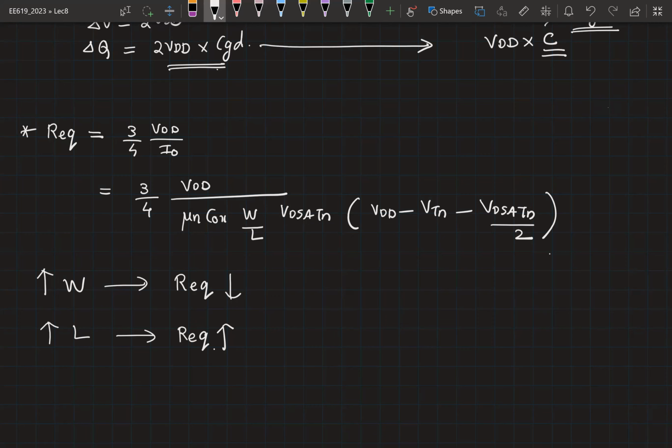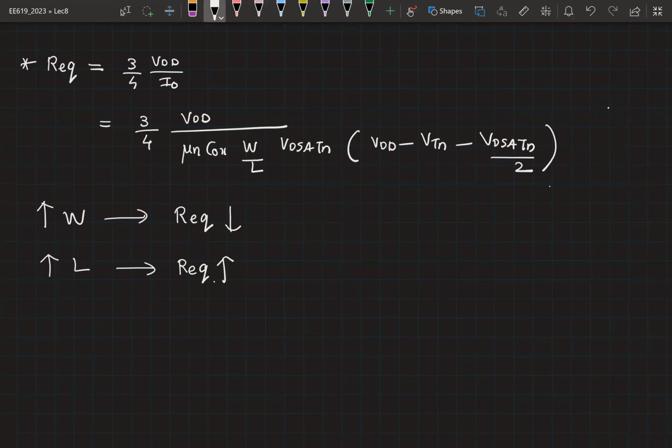Okay, good. So now what happens if I increase my VDD? Let's assume that VDD is much greater than VTN plus VD sat n by 2. Okay, so in this case, what happens? Yeah, it remains constant.